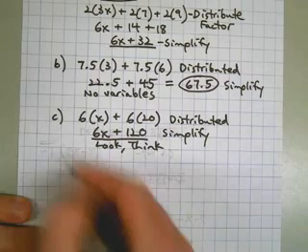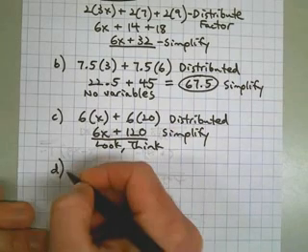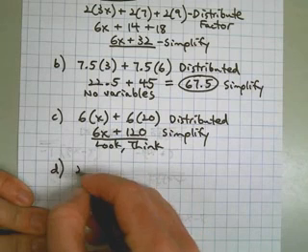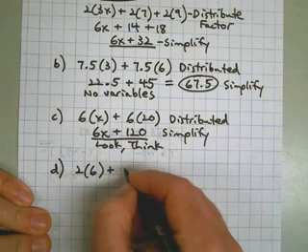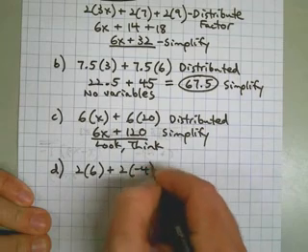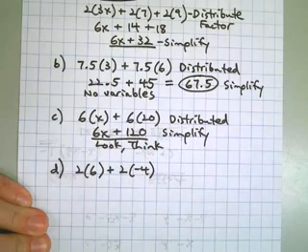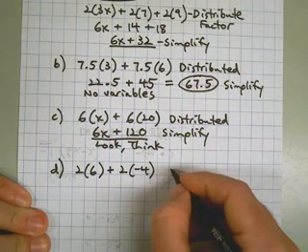Whew, hold on. D. 2 6's and 2 -4's. This is just like part B, so I'm going to like this. We're already in distributed form.